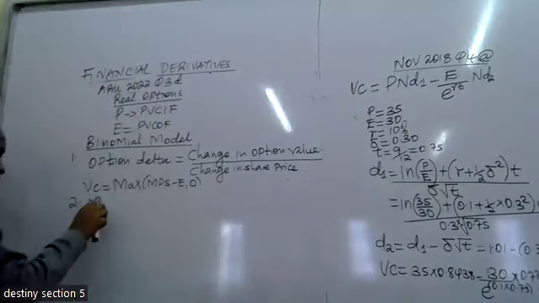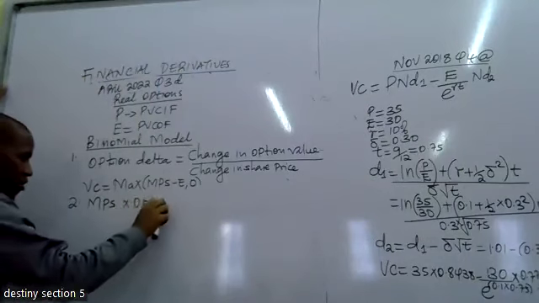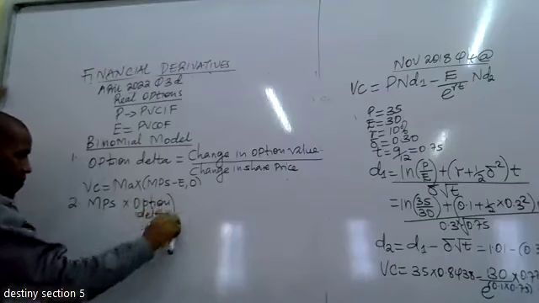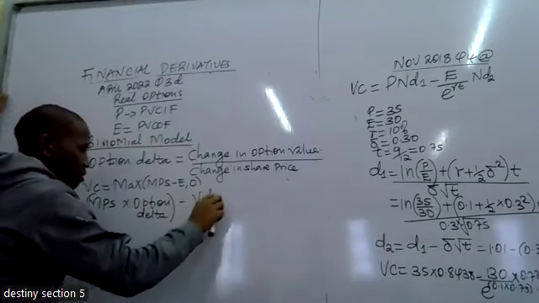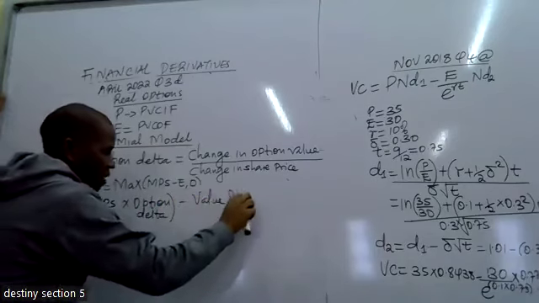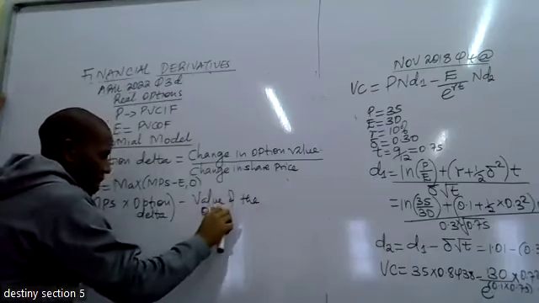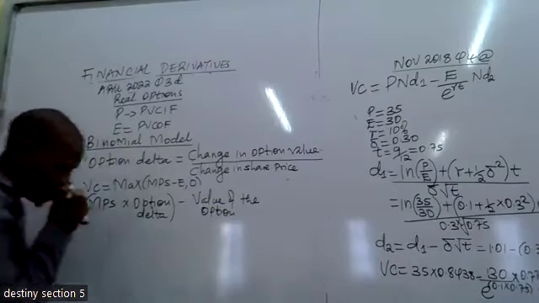This is how we get the value of the portfolio. We get the MPS, you multiply by the option delta, then less the value of the option.